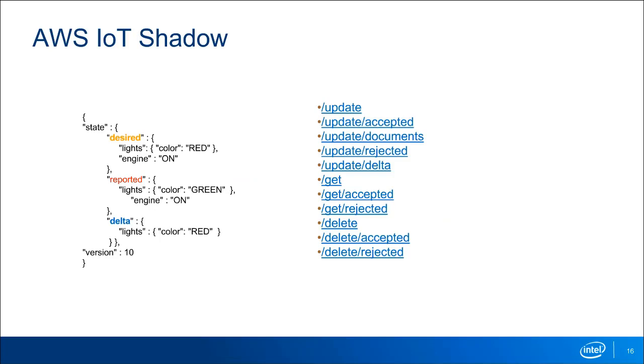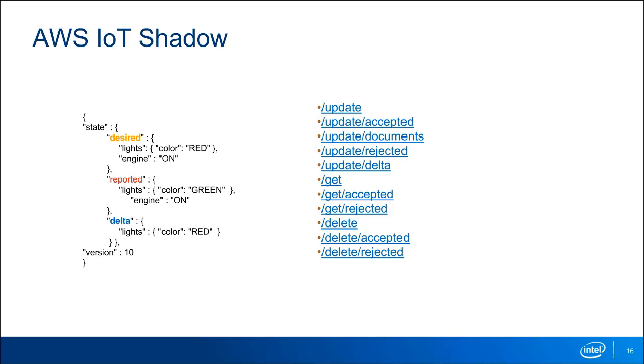The AWS IoT shadow is just a JSON object which has associated special MQTT topics. So there's update topics, there's a delete topic, there's a get topic, and there's also a delta topic.